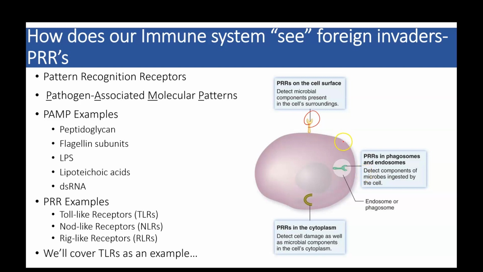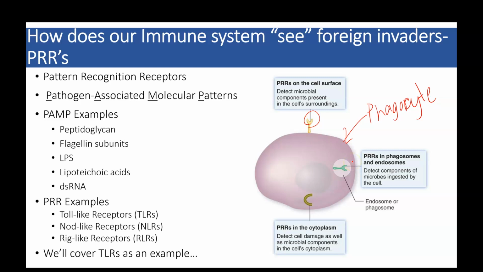So imagine if this cell is a phagocyte, it's going to engulf bacteria. And before it kills the bacteria, before it dissolves it in acid with lysozyme, it wants to recognize that bacteria, and it's going to recognize it using that pattern recognition receptor.